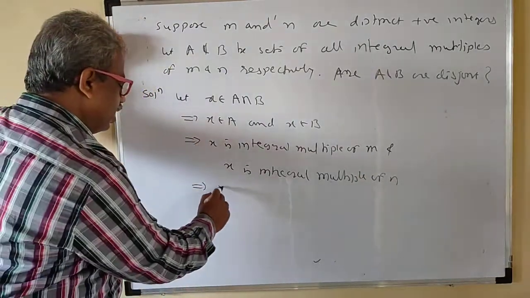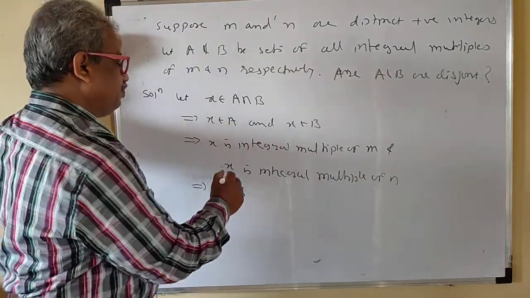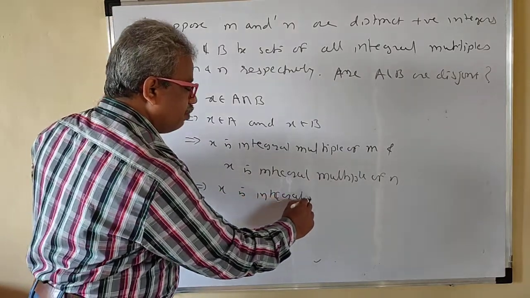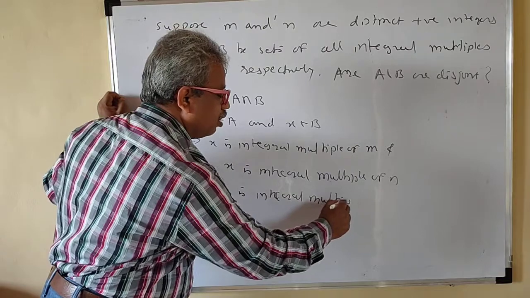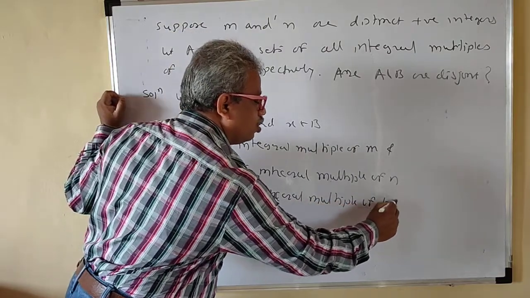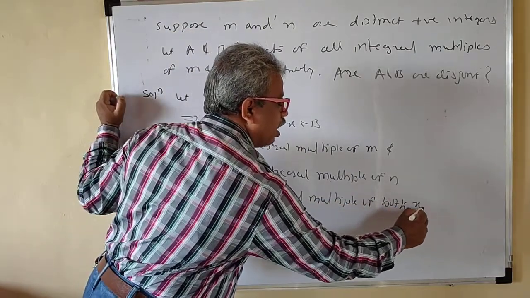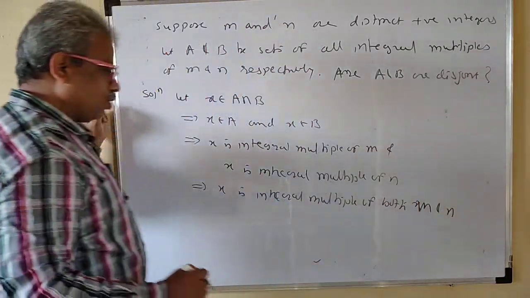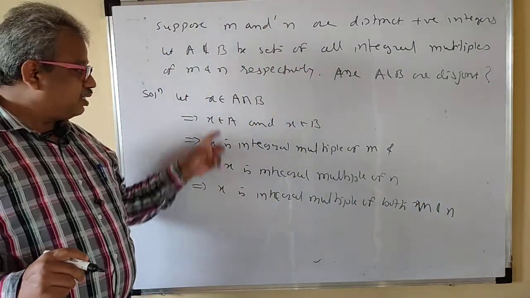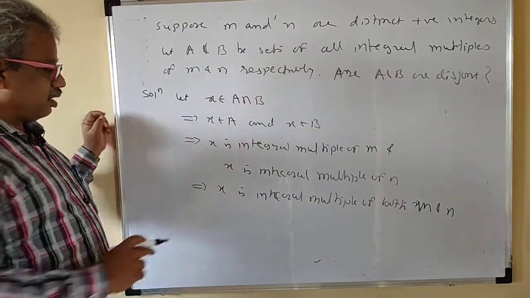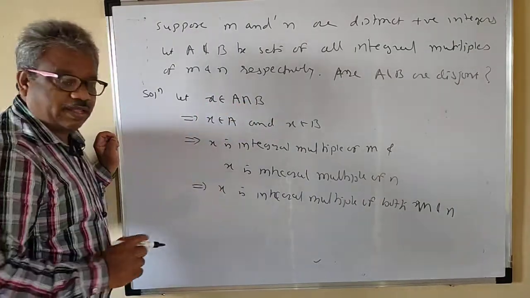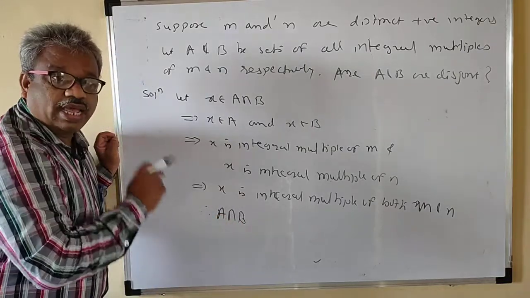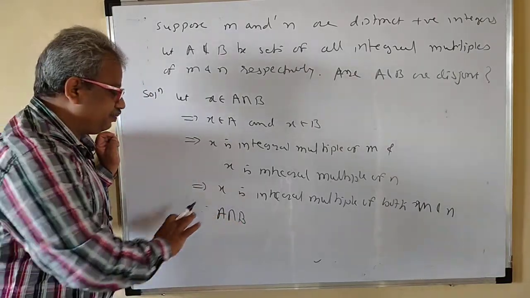So x is an integral multiple of both m and n. Therefore A intersection B has at least one element.